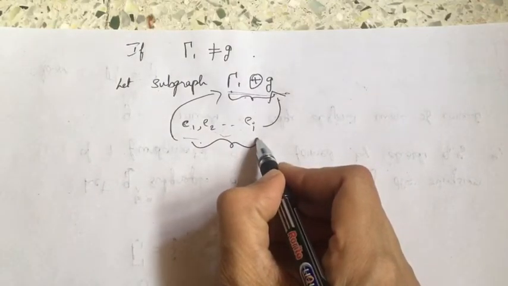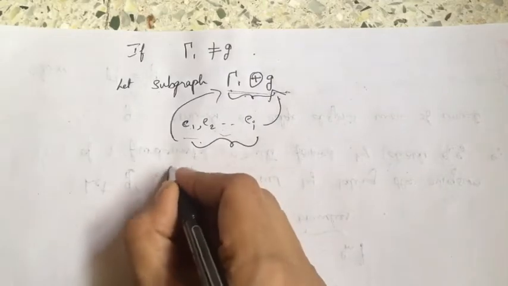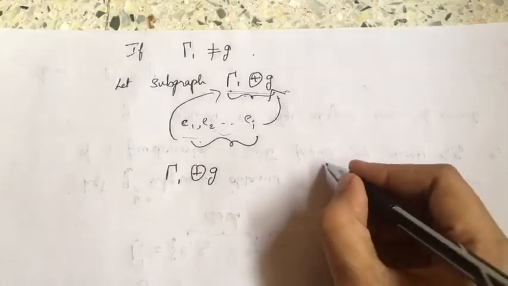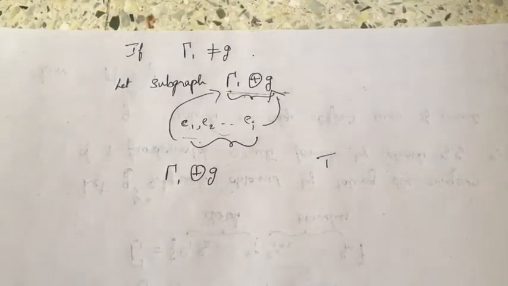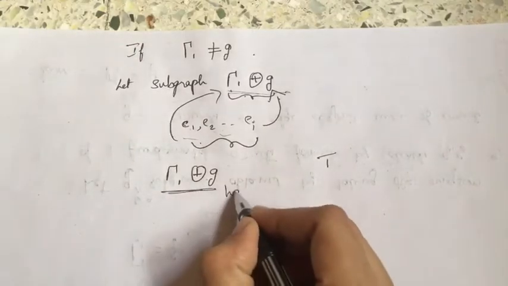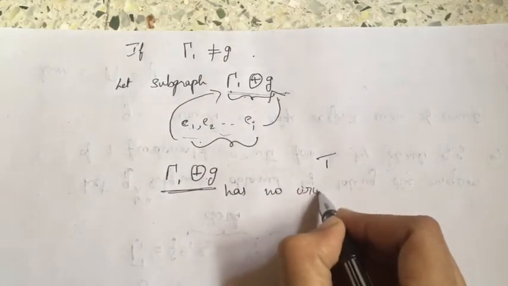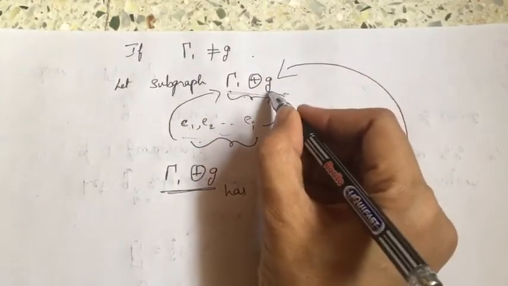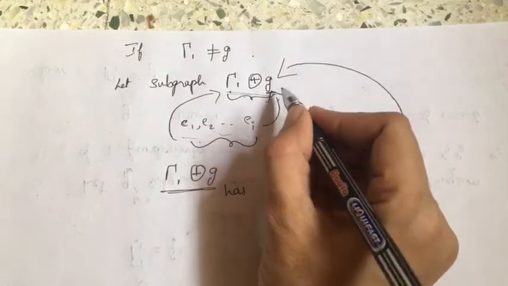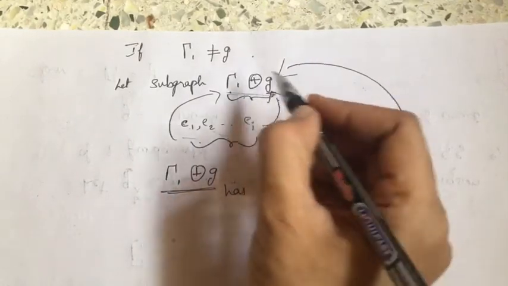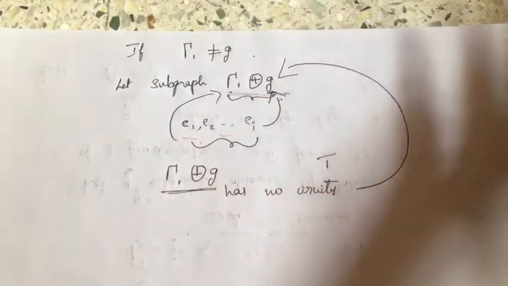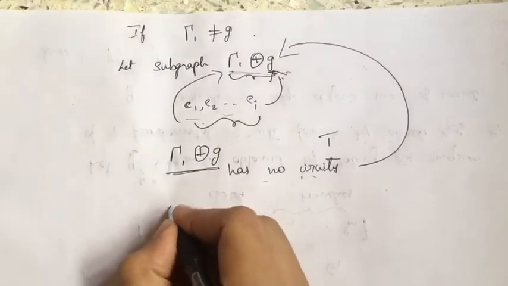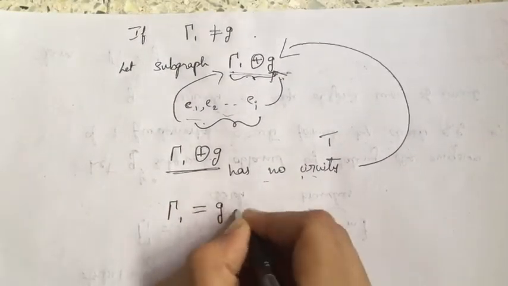Therefore, I can say that gamma 1 ring sum G will not contain any chord with respect to spanning tree T. Hence, this has no circuits, which is a contradiction, since G is a circuit or an edge disjoint union of circuits, and this is a circuit, so their ring sum is also a circuit. So that gives the contradiction. Hence gamma 1 should be equal to G.